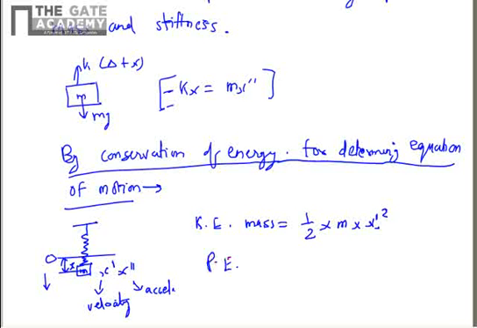And what is the potential energy of the system? Potential energy of the system is stored in the spring. So the spring is where the potential energy gets stored, which tries to bring the mass back to its original state.